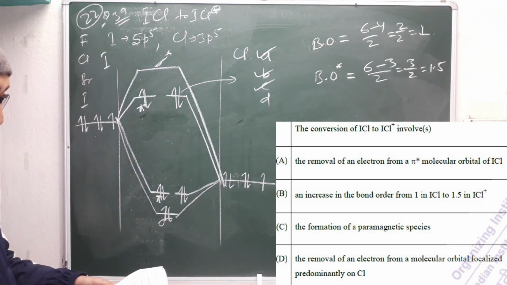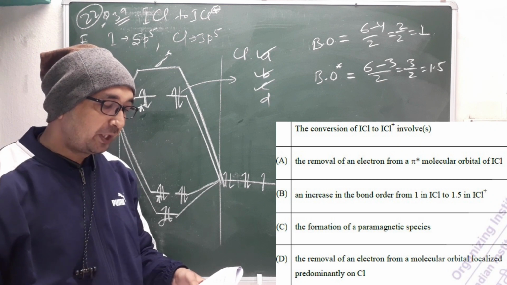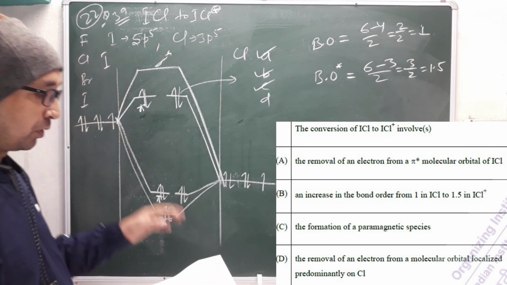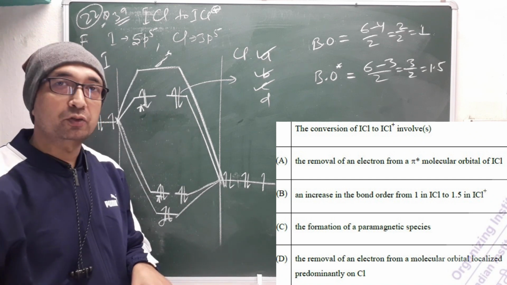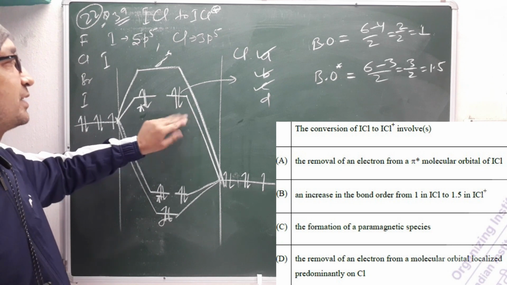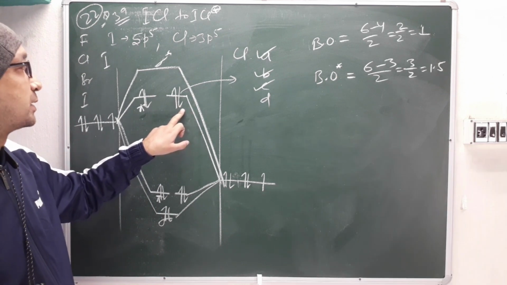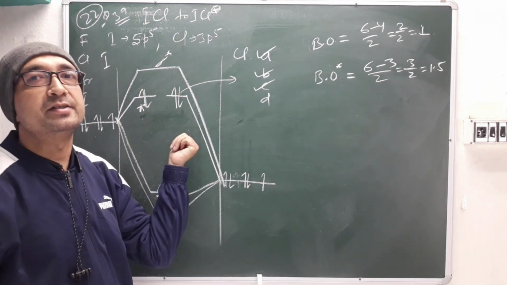Then the next option: the removal of an electron from a molecular orbital localized predominantly on chlorine, right? See, this electron does not belong to a chlorine molecular orbital; now they have shared it, correct? Individually you can't say it is going from chlorine.